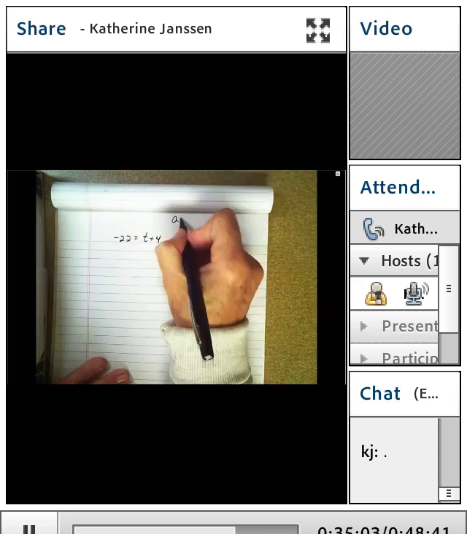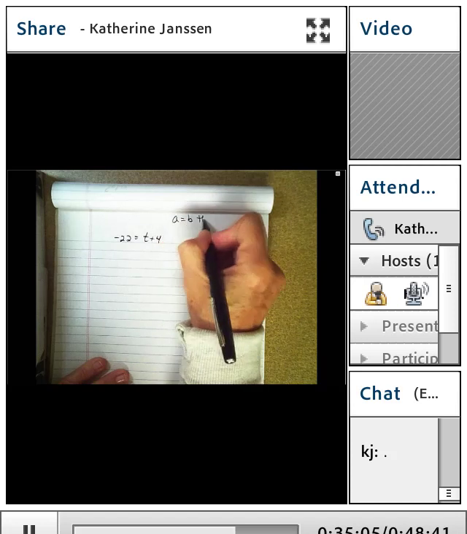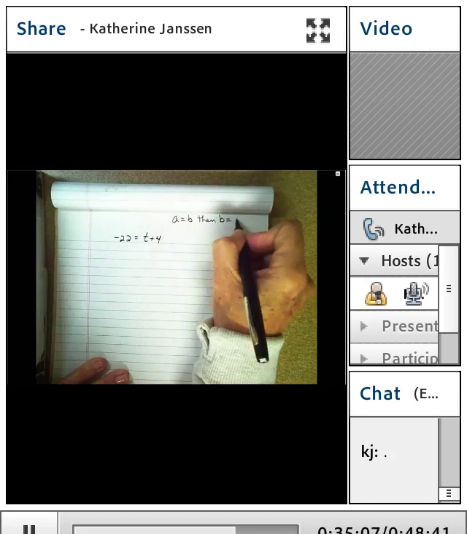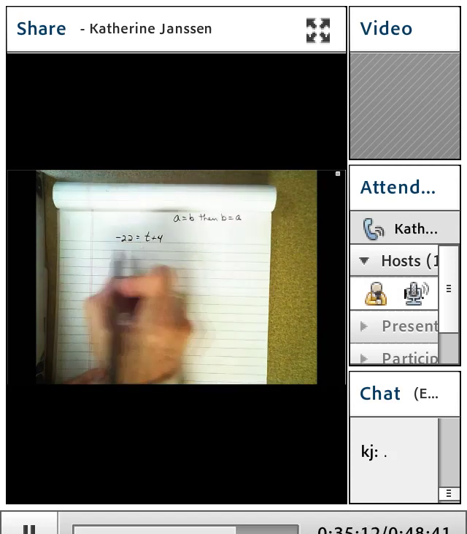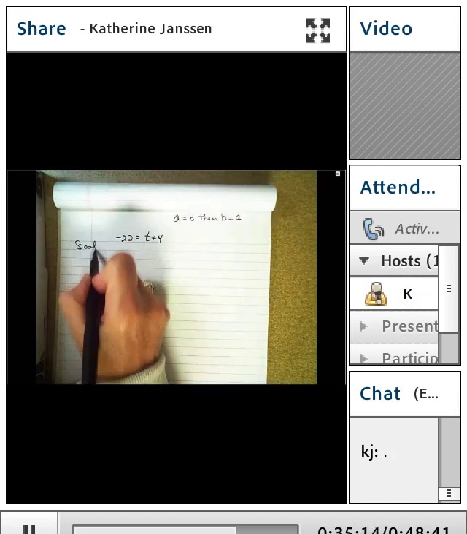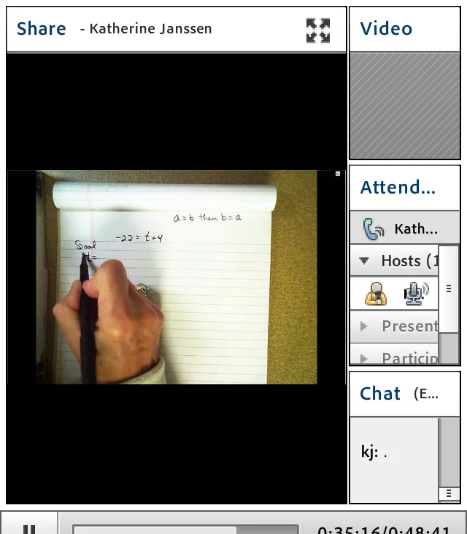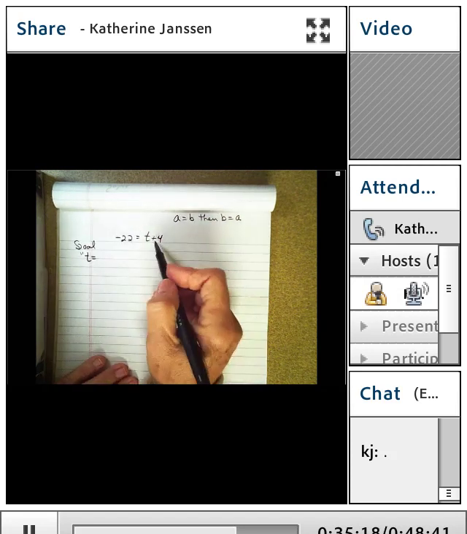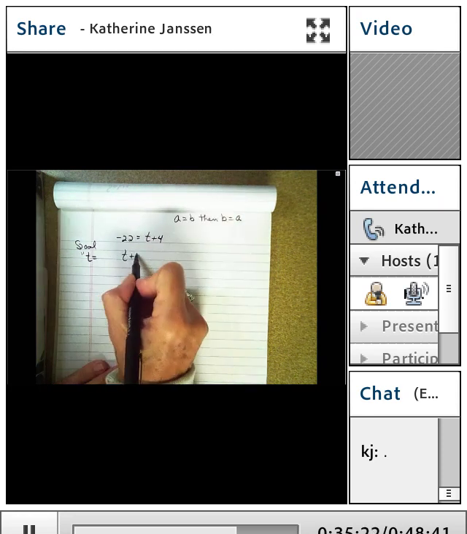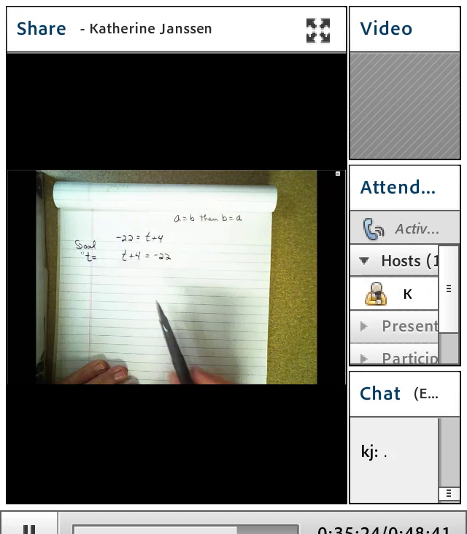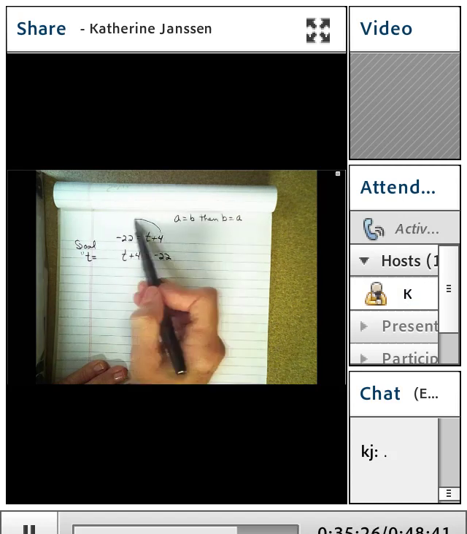Now if A equals B, then B equals A. Equals are equal to each other. We're supposed to solve, so in this case our goal is T equals. We have a variable of T. So I could rewrite this as T plus 4 equals a negative 22. I just switched sides.